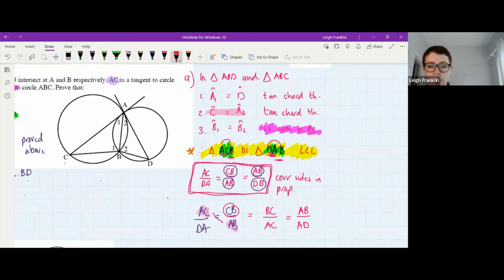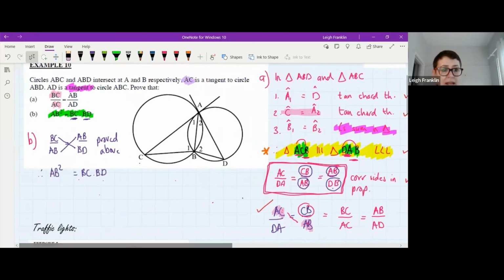A question like this would probably have a statement reason mark on that line, a statement reason mark on that line, and then a mark on this line over here, provided you had proved it. If it was proved, you would get this mark. Then there would have to be another mark over here for you writing the corresponding sides that were in proportion, and there would not be a mark on the answer because that was given to you. There could also be a mark over here. So you're probably looking at about 4 or 5 marks. It's quite a lot, isn't it?